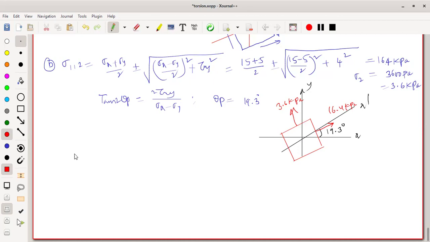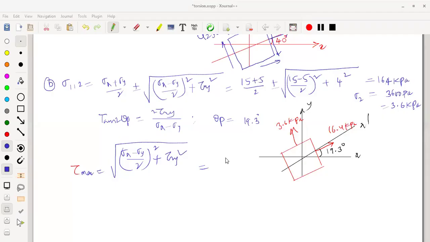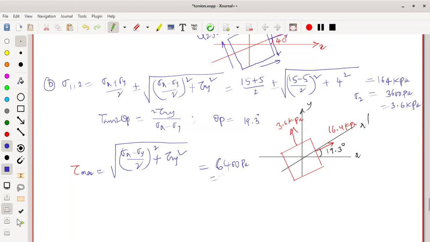Next, coming to the last question, it is tau max. Tau max you have to calculate. So tau max is the same formula from here to here. That is square root of sigma x minus sigma y by 2 whole square plus tau xy whole square. The tau maximum, if we substitute, here you will get the value is 6400 pascals. So it is also written as 6.4 kilopascals.